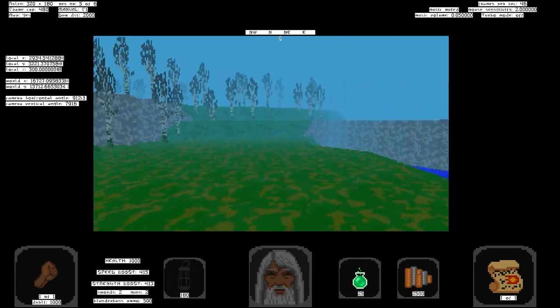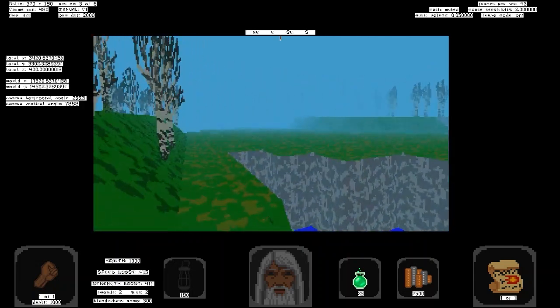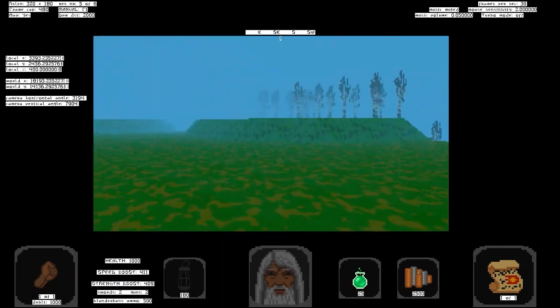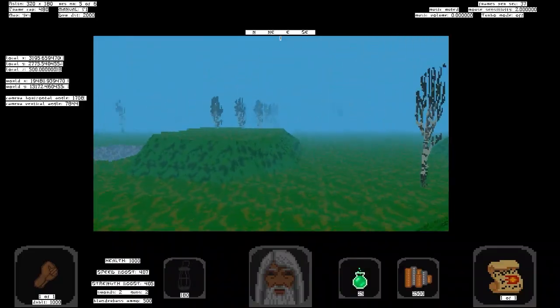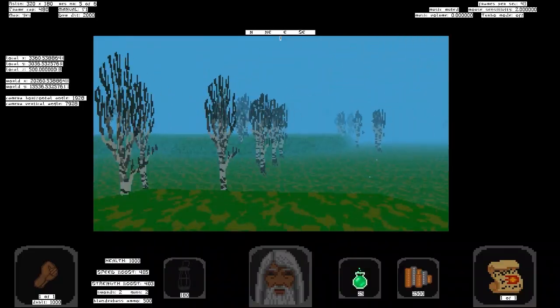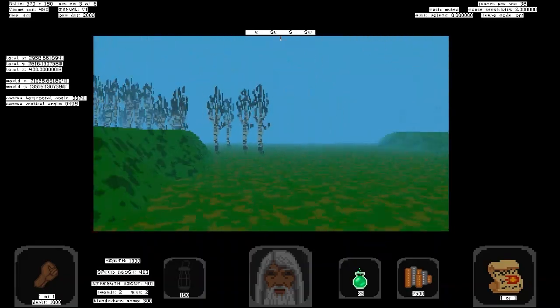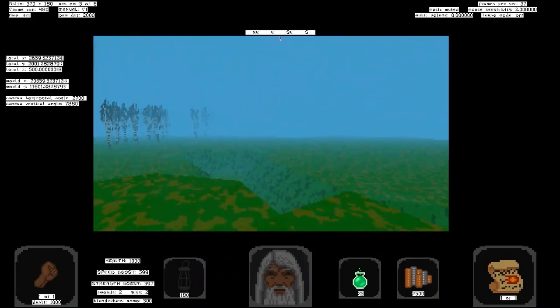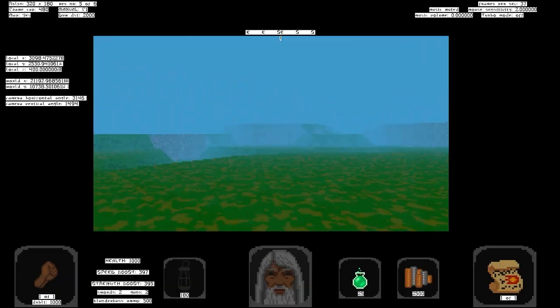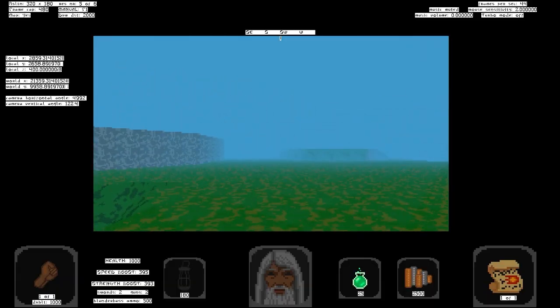But in any case, if I wanted to draw hundreds or thousands of meters rather than 40, dozens of meters into the distance, I did need something that was cheap in terms of processing power. And so I set out to create the long-distance landscape renderer, as I call it.